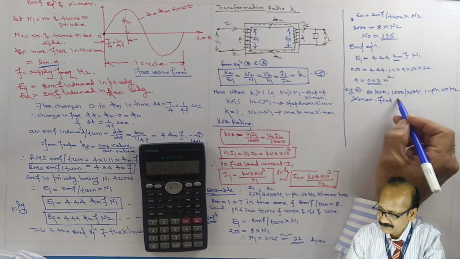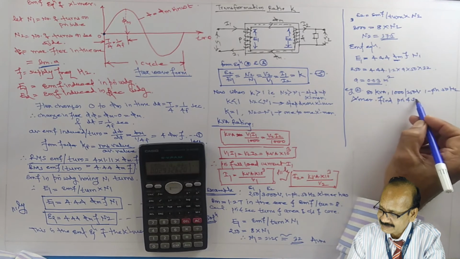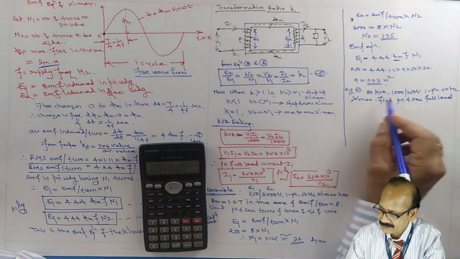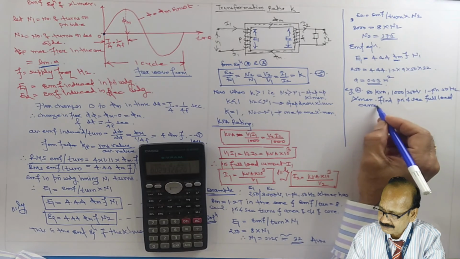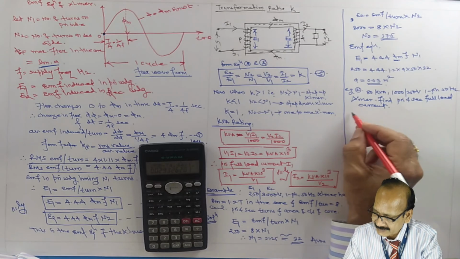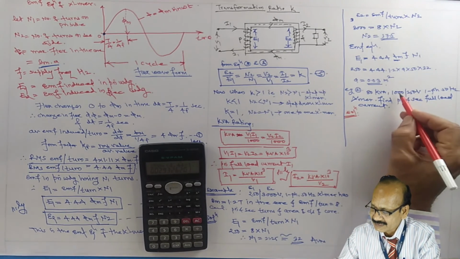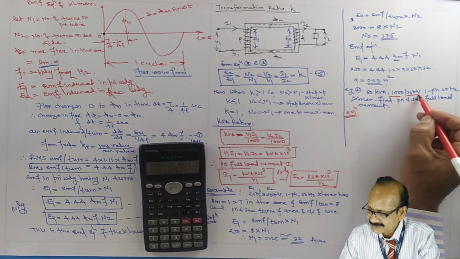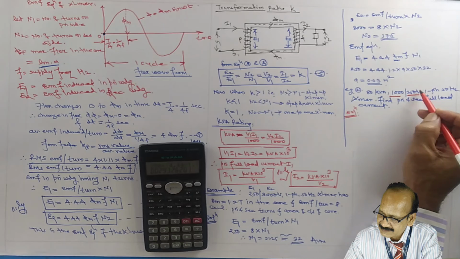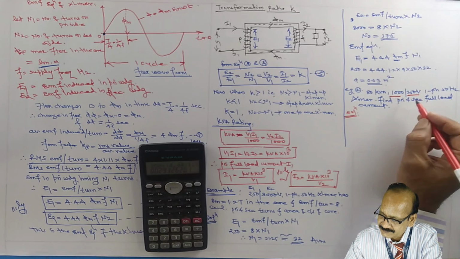Find the primary and secondary full load current. The solution is, pay attention, the kVA rating is given to you, and this one is primary, this is secondary. So this will be V1, this can be considered as V2.